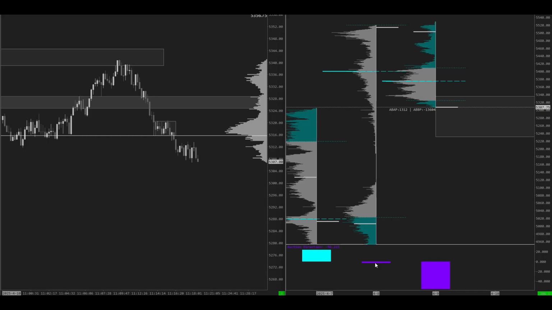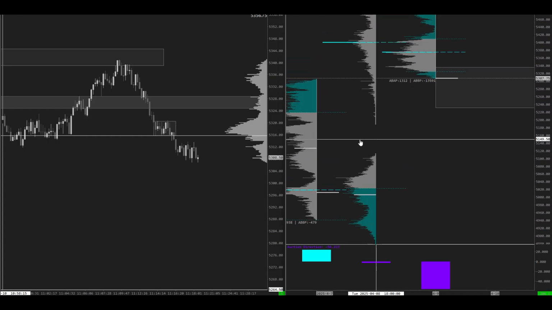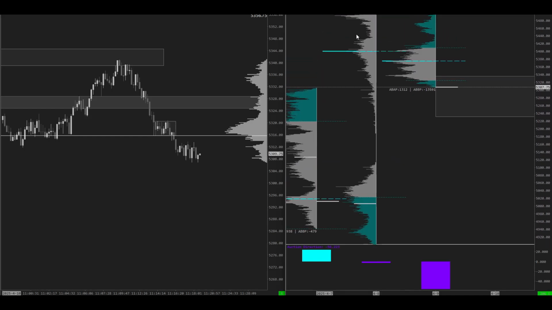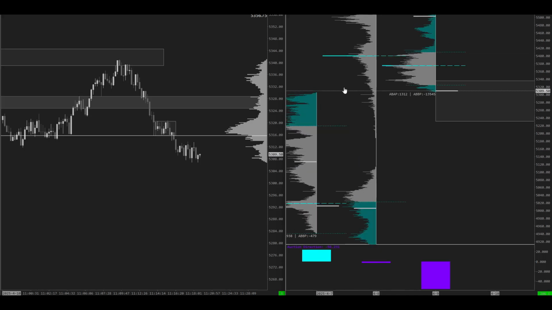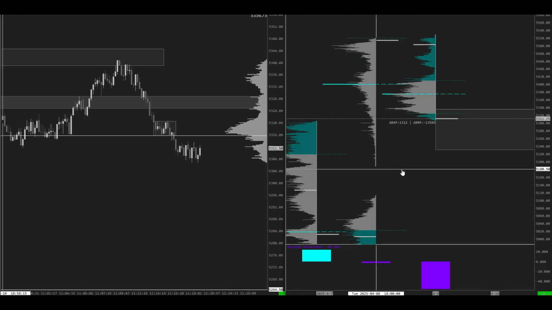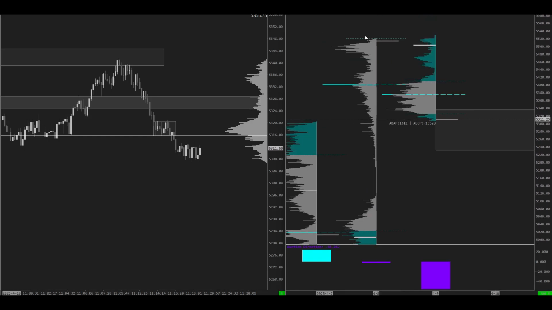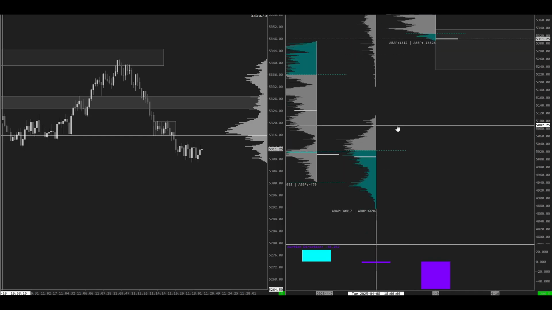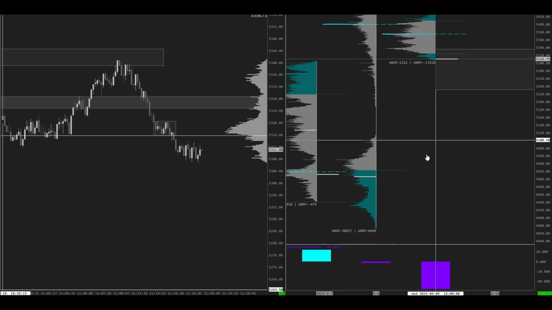So it ended up closing pretty much balanced. It wasn't like a balanced profile, but the way the volume was distributed throughout, it was more like two auctions, one above, one below, with a huge LVN in the middle.